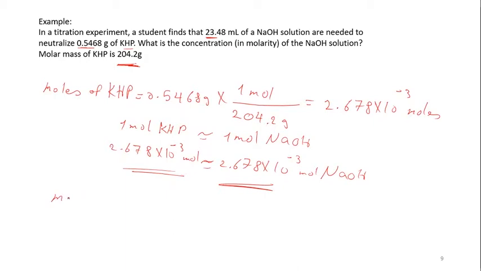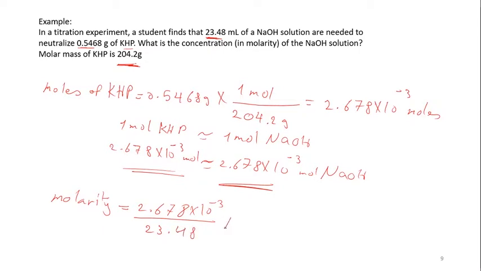So the molarity of sodium hydroxide would be equal to the number of moles divided by the volume of sodium hydroxide in liter, because here it is presented in ml.